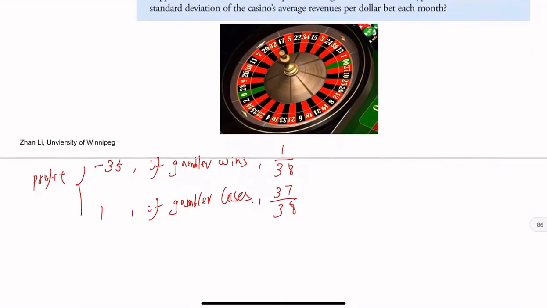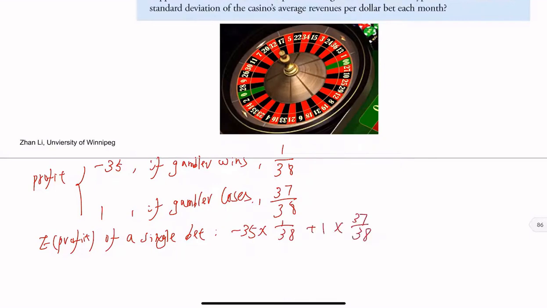The expected profit of a single bet is minus 35 times the probability plus 1 times the probability.